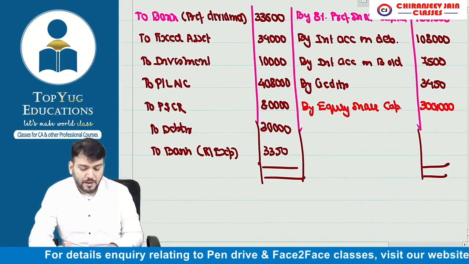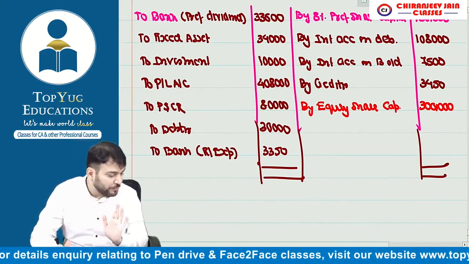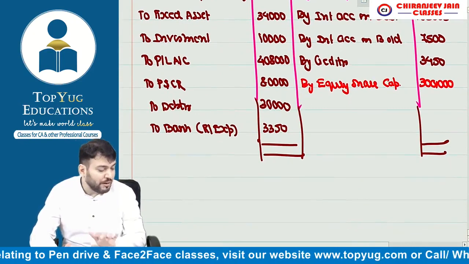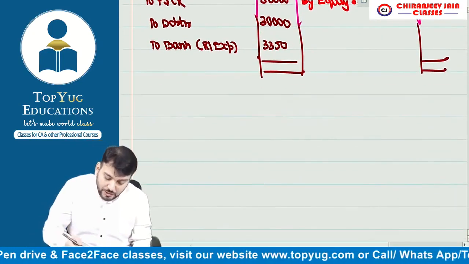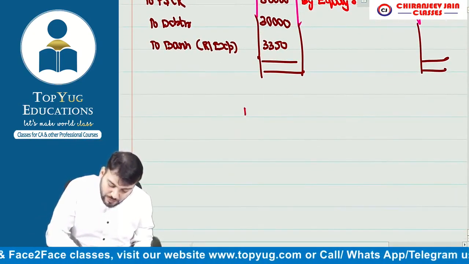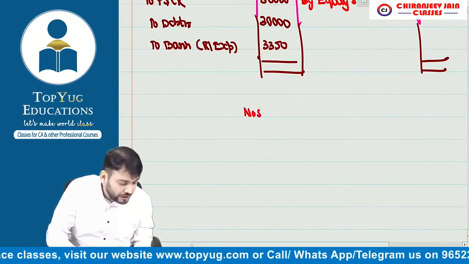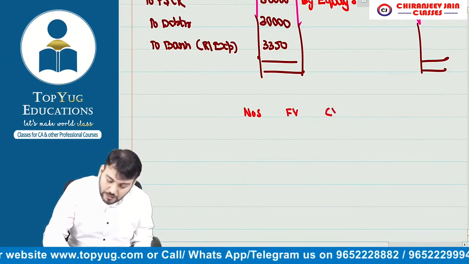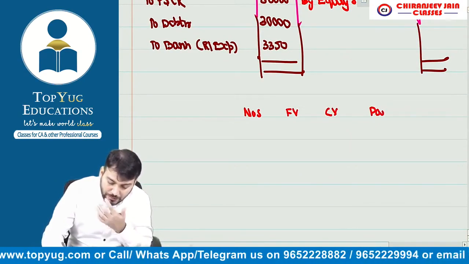Now, I think you understood this, but I need to explain some points. Please concentrate. This is very easy. If I say number of shares, then face value, then called up value, then paid up capital.